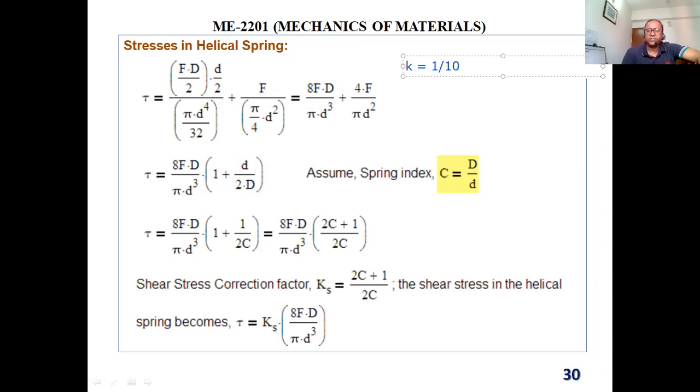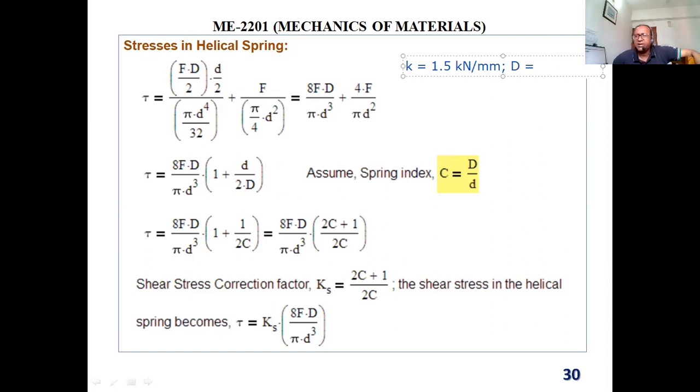1.115, say kilonewton per meter, or per millimeter, centimeter, whatever. You need the spring. And obviously, you know what will be the mean diameter of the spring.